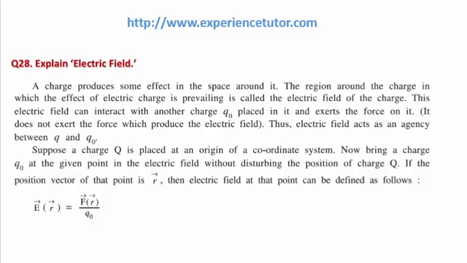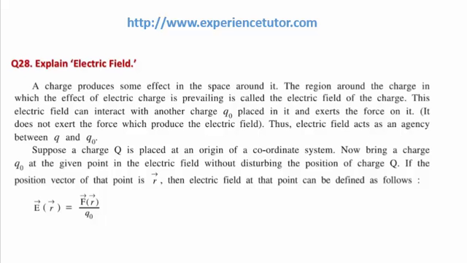This electric field can interact with another charge Q0 placed in it and exert a force on it. It does not exert a force on the charge which produces the electric field. Thus, electric field acts as an agency between Q and Q0.